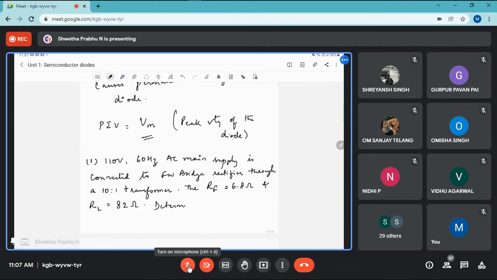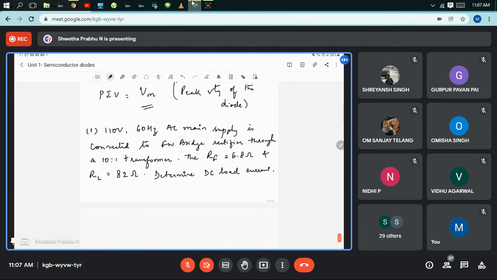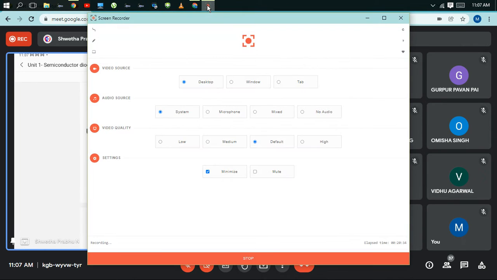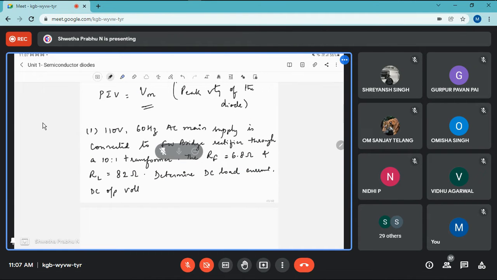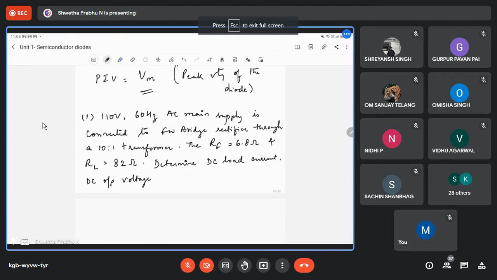Determine the DC load current, the DC output voltage, and the rectification efficiency. This is the question given.